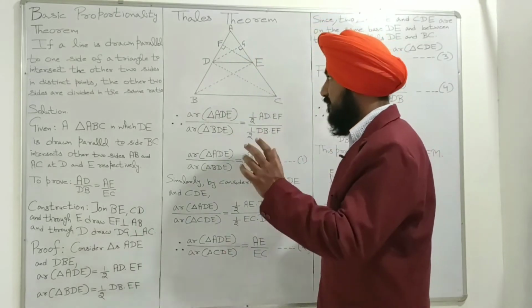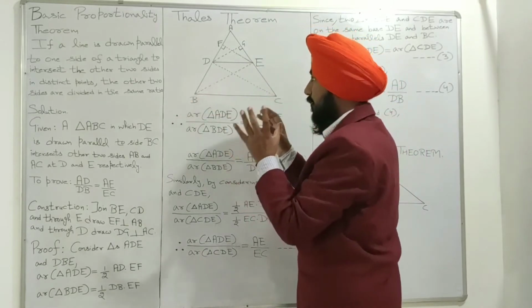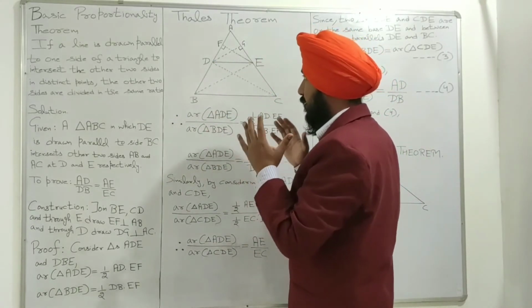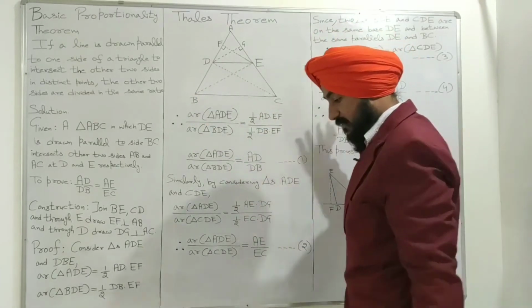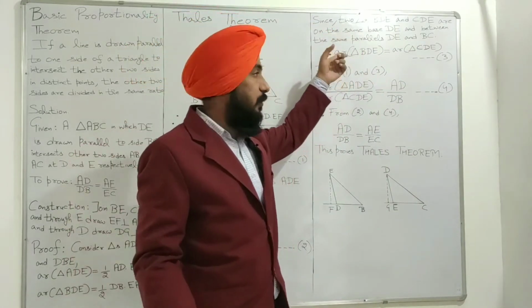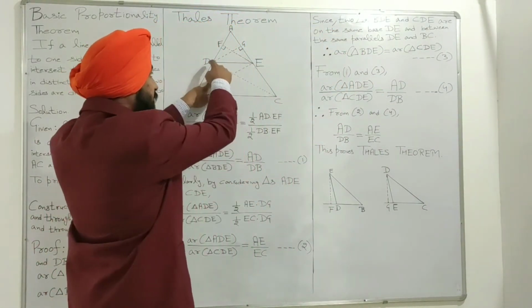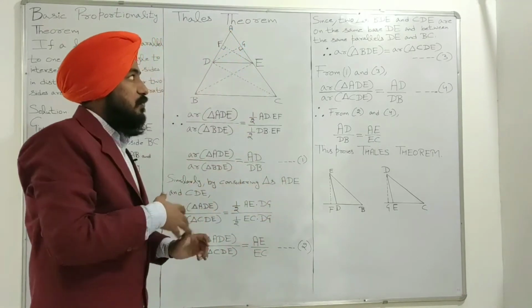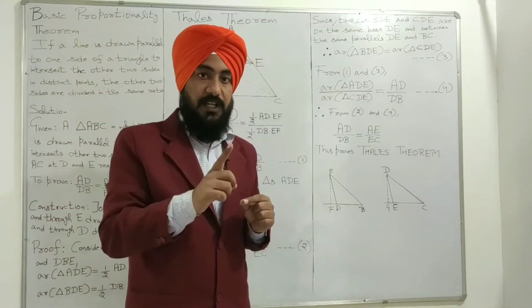It means these two triangles, DBE and CDE, are on the same base DE, and these two triangles are in between the two parallel lines DE and BC. So I have told you in these two lines: since two triangles BDE and CDE are on the same base DE and between the same parallels DE and BC, we can write one property of triangles.